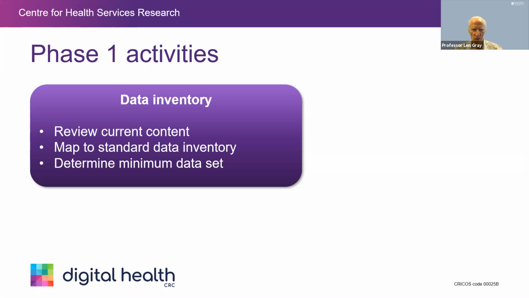So we're using the interRAI long-term care facility as a kind of reference standard because it does have a broad coverage of the concepts that we think will already be collected, and it will enable us to map to those variables, a proxy standard for want of something better. And then through this process we'll try to get some agreement amongst our collaboration of what a minimum data set might look like.